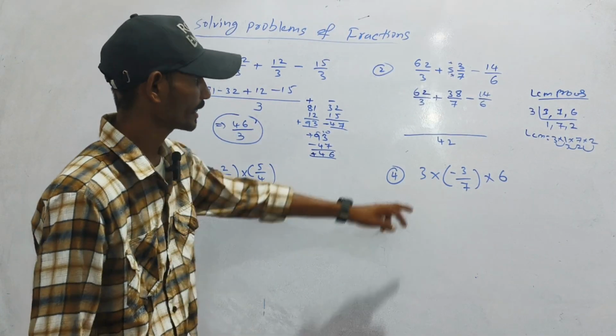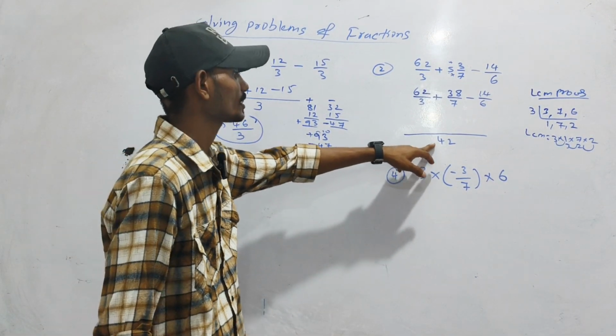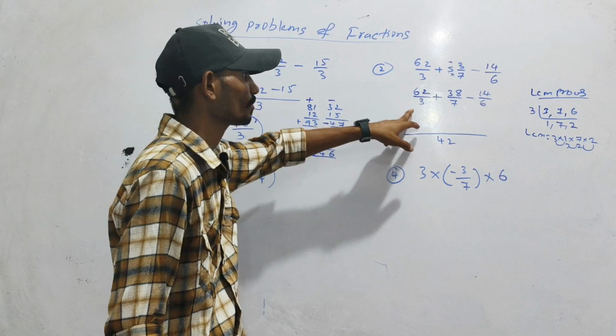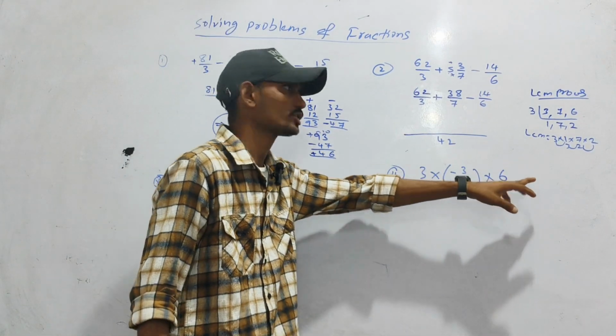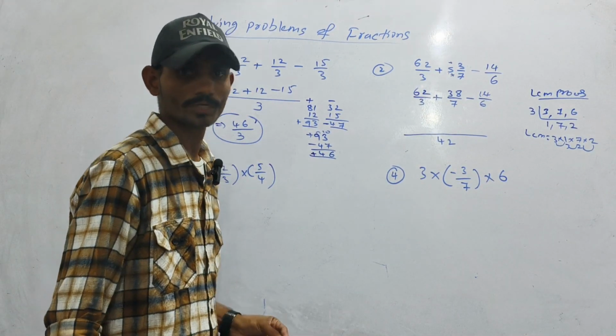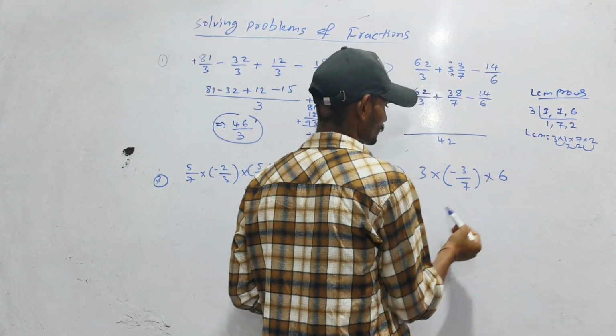Now, whatever LCM you get, divide the LCM by the first term's denominator, and whatever coefficient you get, multiply it with that numerator. Look at the process here.